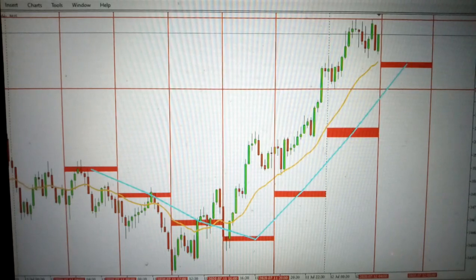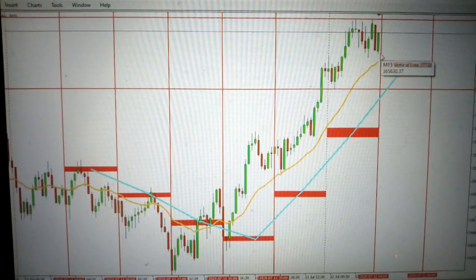Okay, now we can see how price dropped up to this point. Then we have a reversal as price starts to rise.